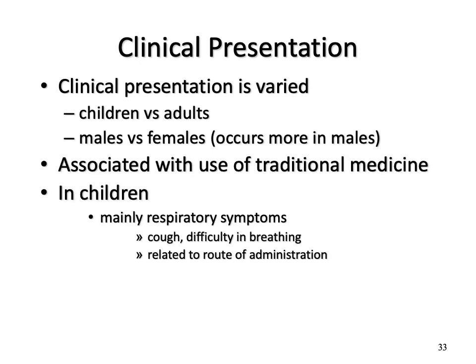So in children, traditional medicine poisoning normally comes as respiratory symptoms with cough and difficulty in breathing, and this could actually be related to the main route of administration of these medicines in children, which is through inhalation, like I said, kunatira.